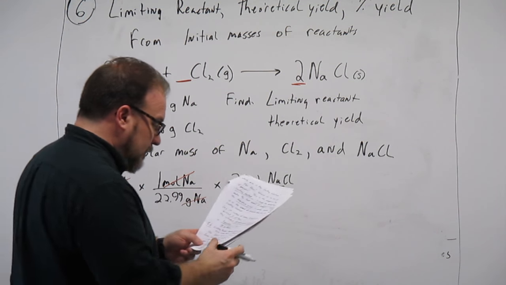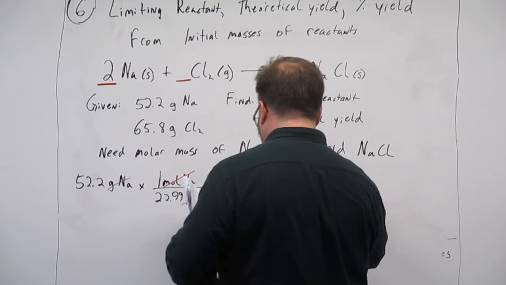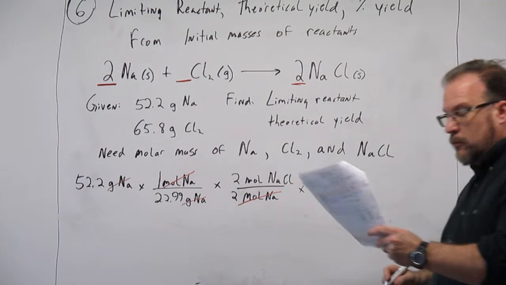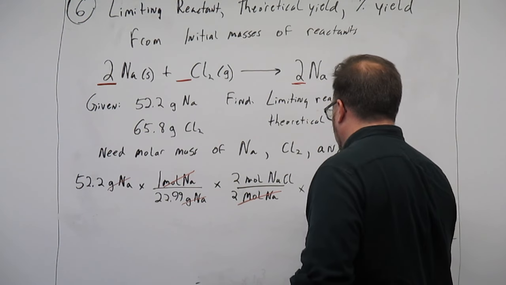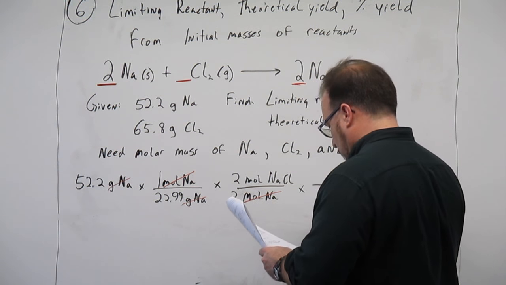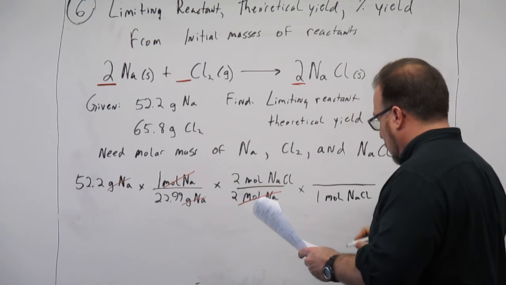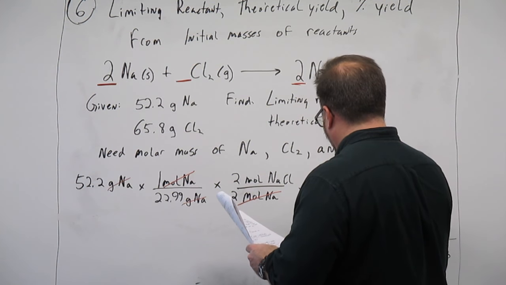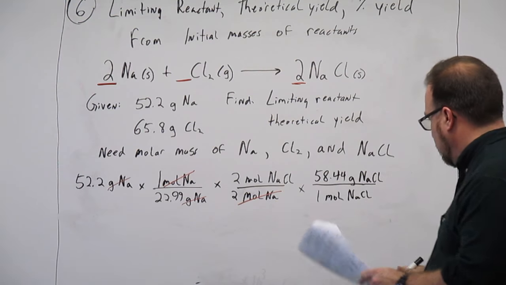I'm not done yet because I have to get grams of sodium chloride. So what I need is a relationship between the moles of sodium chloride and the grams of sodium chloride. Well, that's the molar mass. I know that if I have 1 mole of sodium chloride that I've pre-calculated, I have 58.44 grams of sodium chloride. And check my math, make sure I'm right.